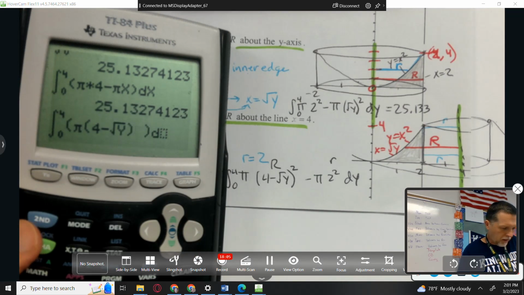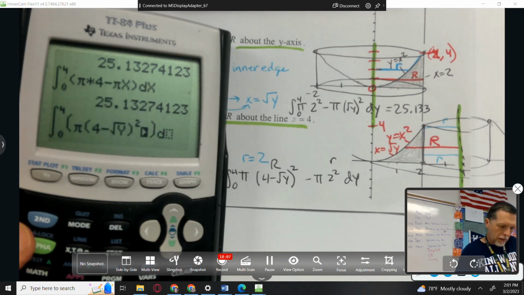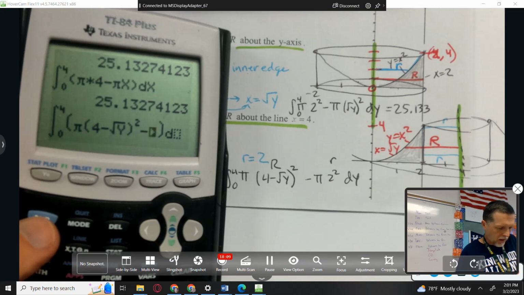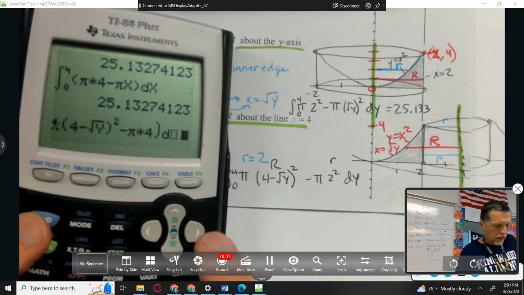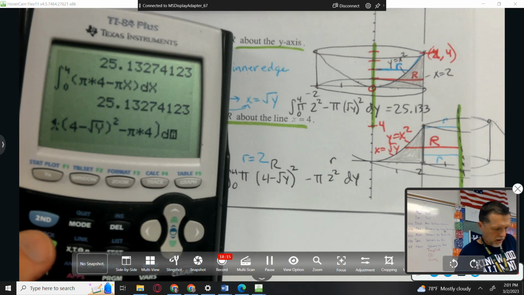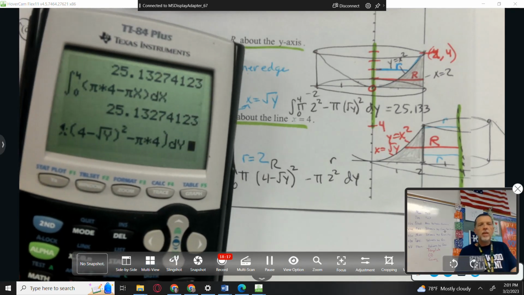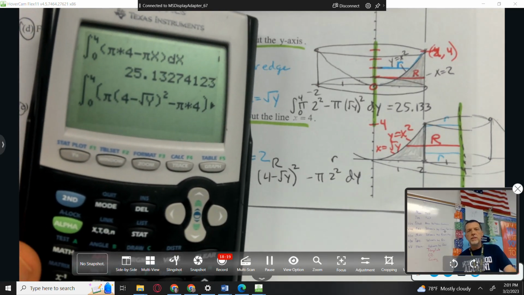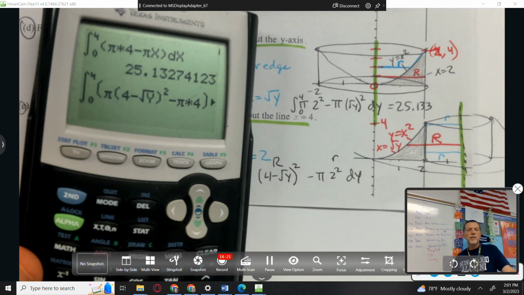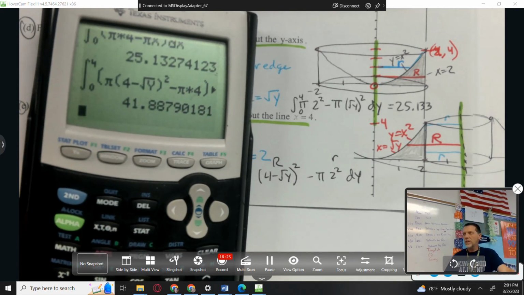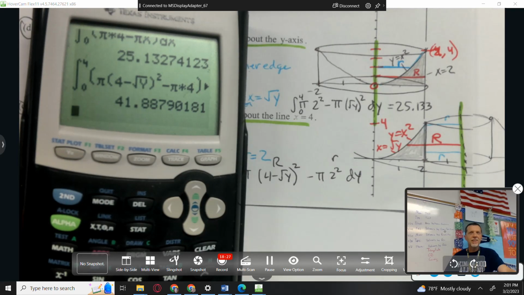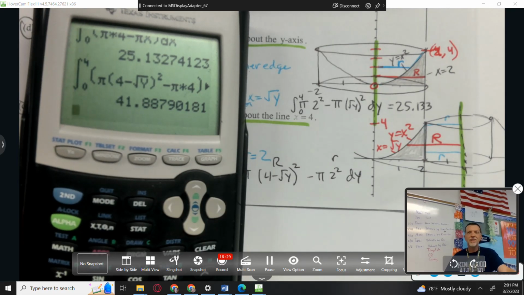Close the parentheses, squared, minus pi times 4 dy. Brain go ouch. Oh, you had to make it think on this one. 41.88? Yes? No? Okay.